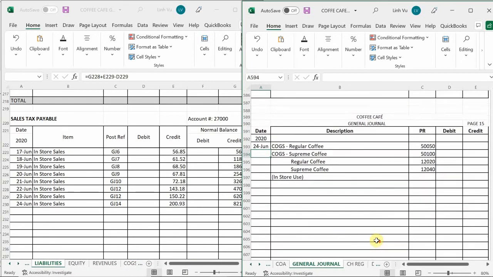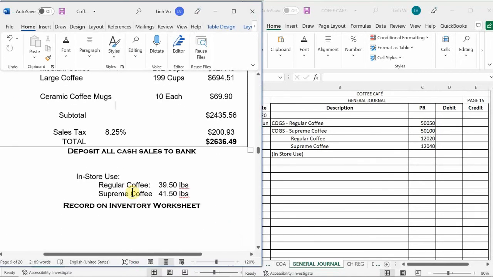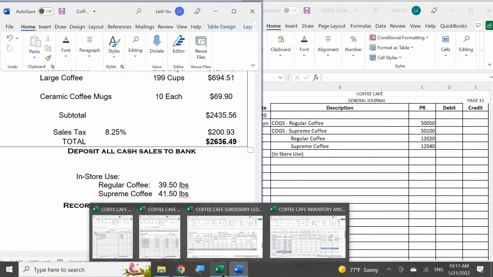So let's see how much coffee we used for this sales. Okay. We used 39.5 pounds of regular coffee and 41.5 pounds of Supreme coffee. So regular, 39.5, Supreme, 41.5. Okay. So let's go ahead and plug this into our inventory worksheet.